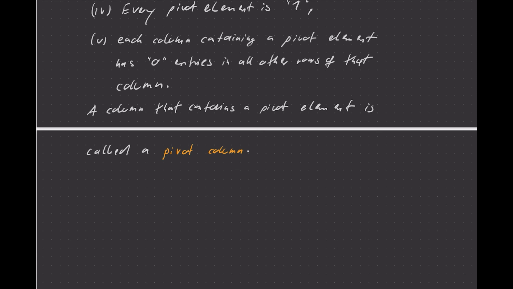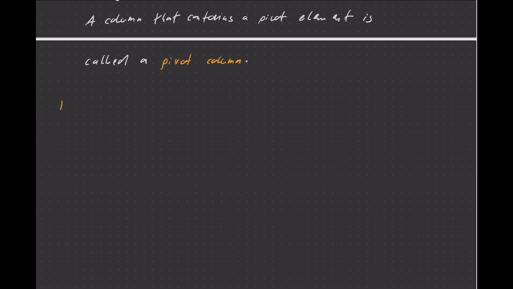So let's see a quick example of how that can look, just so you get a feel of what Echelon Form means. Let's say we have a matrix that looks like this. I'll write that down, and then we'll see why this is in Echelon Form. There's a 1, and then zeros. There's a 0, a 2, and then some zeros.